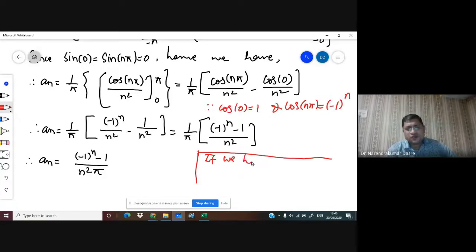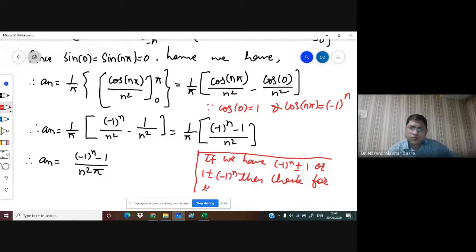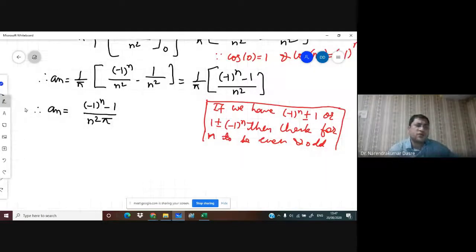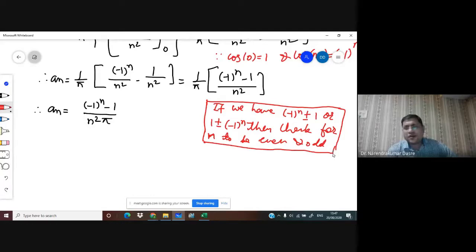If we have 1 plus or minus 1 raised to n, then we have to check what happens if n goes even and n goes odd.